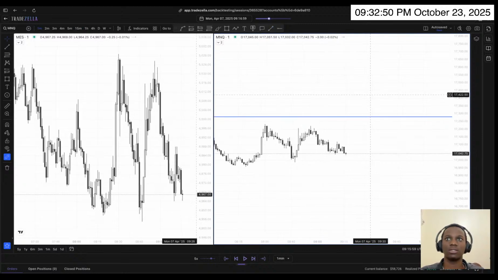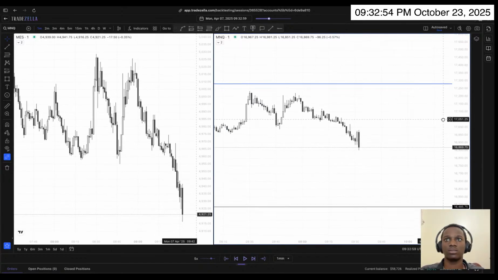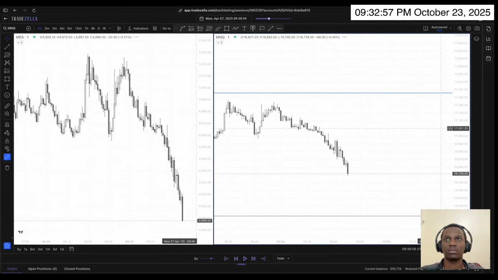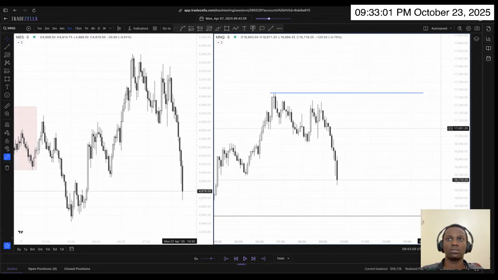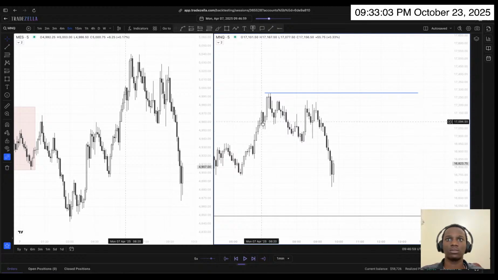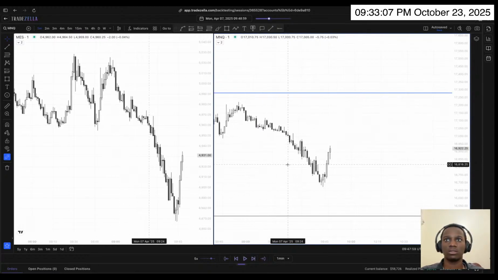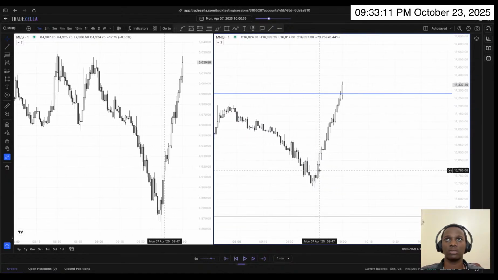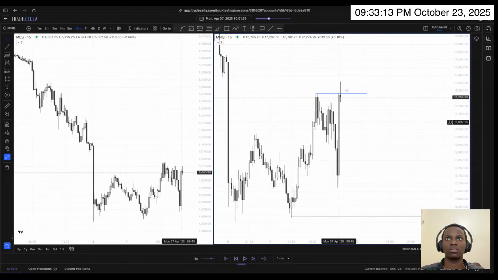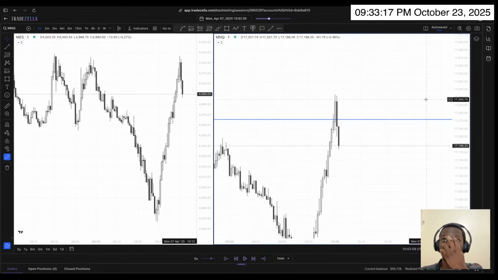Pre-market high that I'd like to see get run. Now you can see that the high here has been run as I wanted to see it get run.